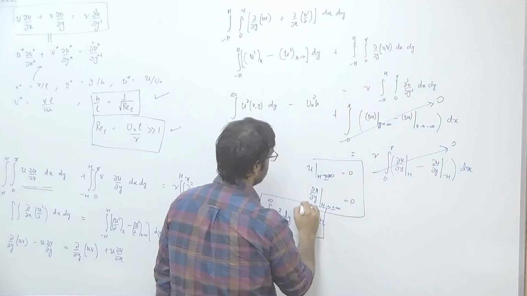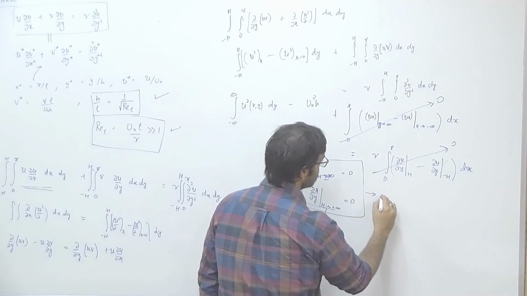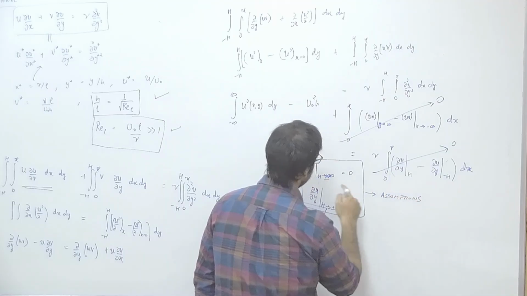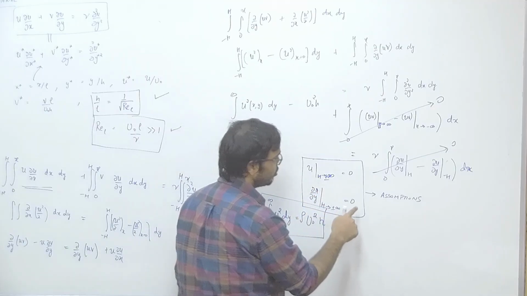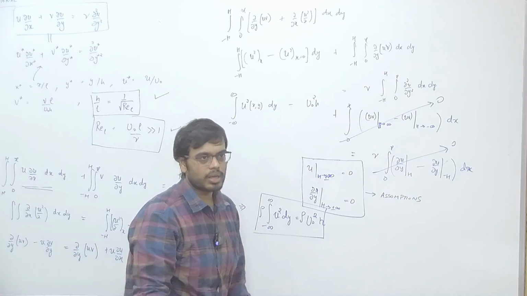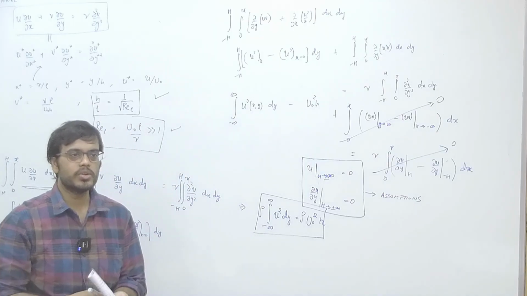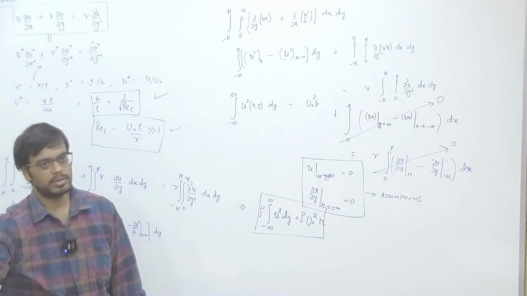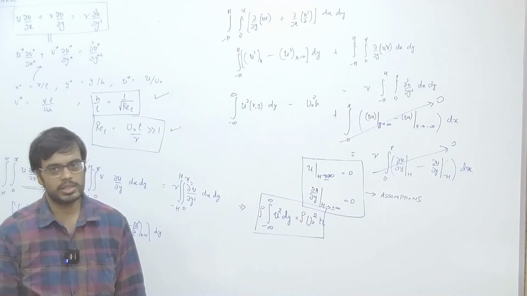So you can treat these as our assumptions, or you can say that at the leading order these things are 0 because u is approaching 0 smoothly. If any quantity is approaching 0 smoothly, it is going to be an asymptote to 0 for y tends to plus minus infinity.